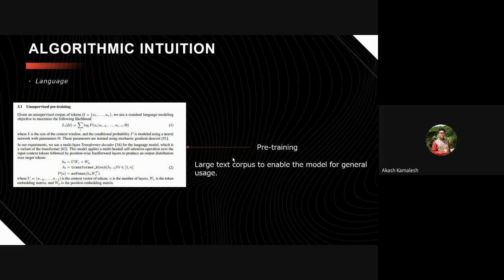The way unsupervised pre-training works is you are trying to predict the maximum likelihood estimate of a token. This is how the GPT model was trained with unsupervised pre-training. Given a set of tokens, you are trying to predict the next token, where theta represents your model parameters and k represents your context size.